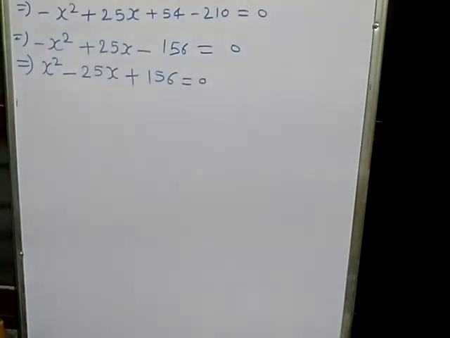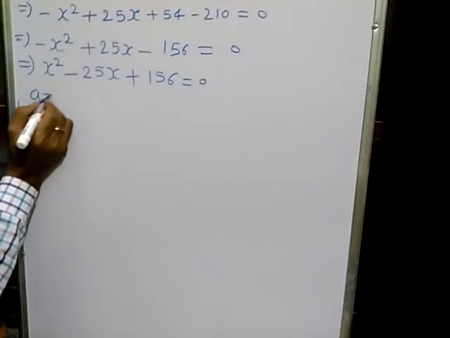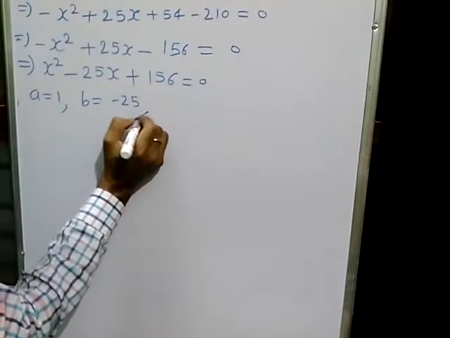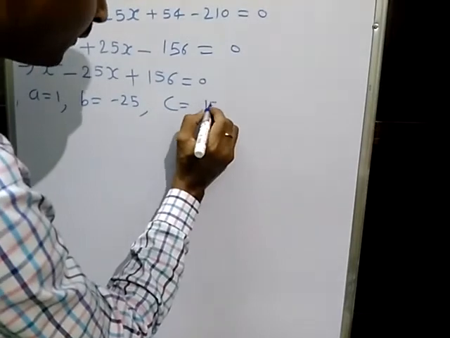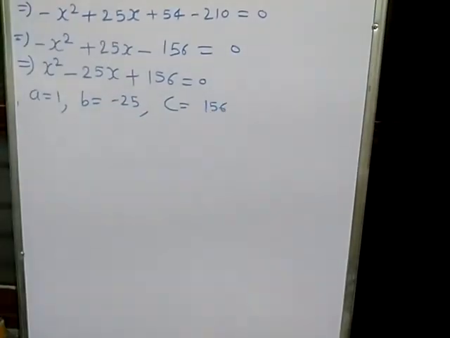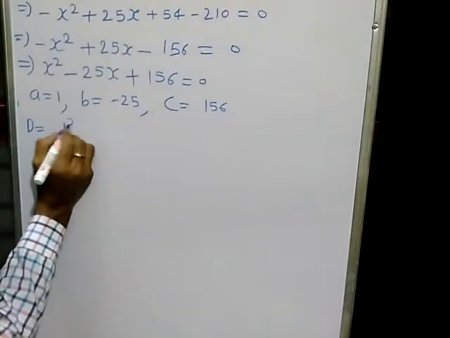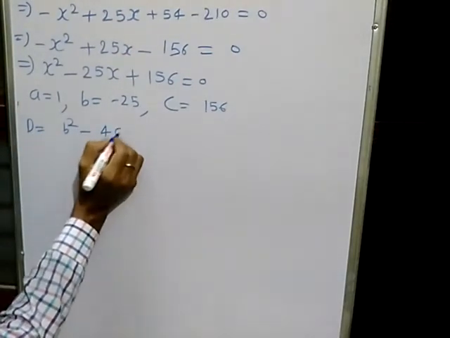If we want to solve using the quadratic formula, then write a. What is a? 1. What is b? Minus 25. And what is c? 156. Correct? Then find the discriminant d. d is equal to b square minus 4 times a into c.